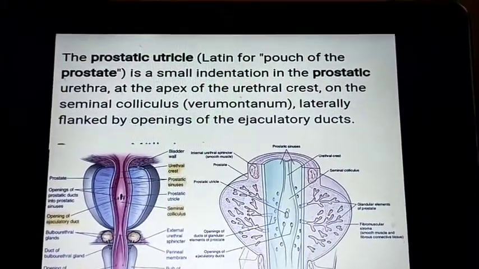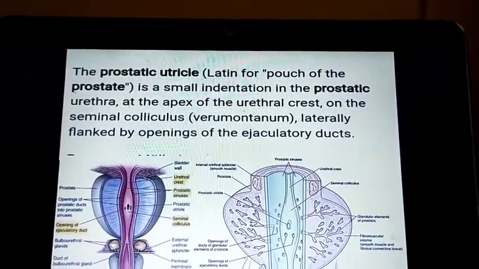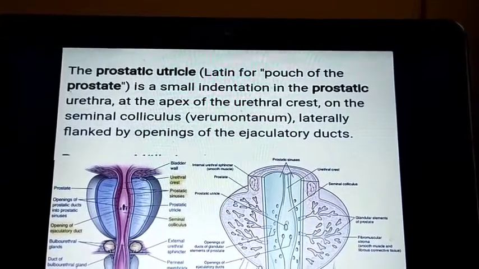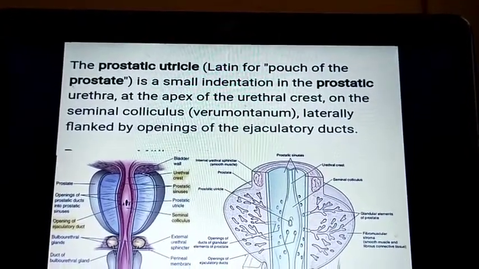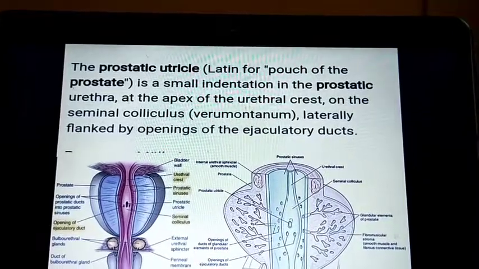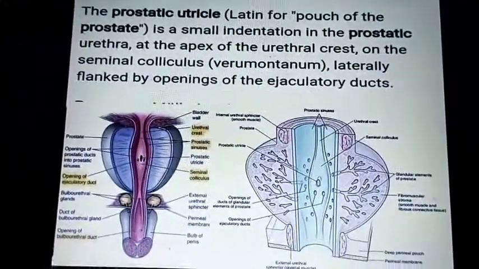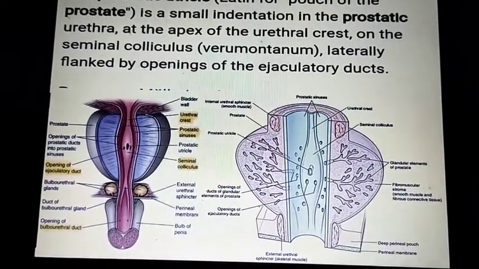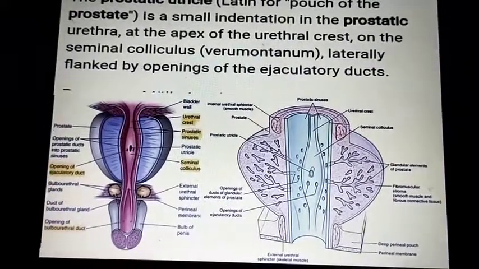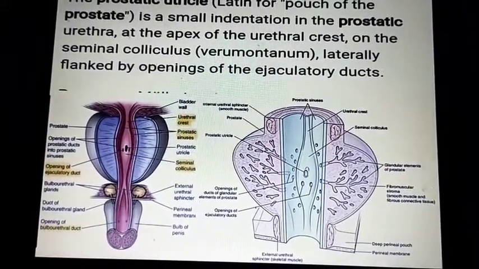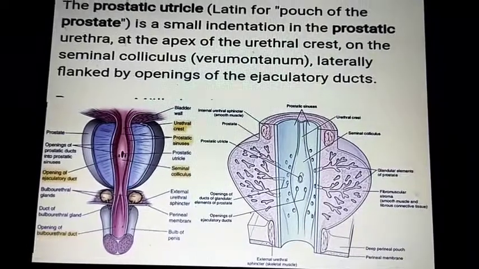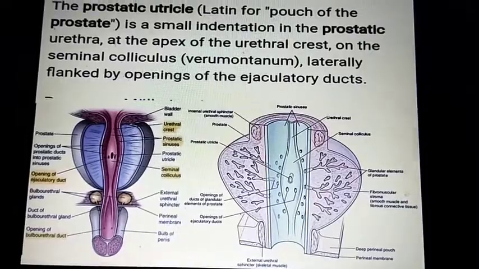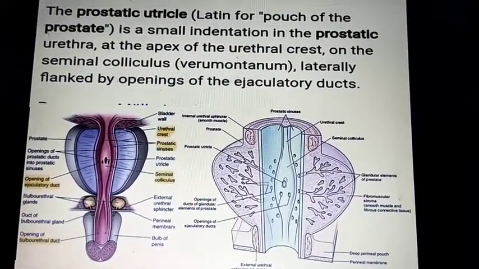It is a small indentation in the prostatic urethra at the apex of the urethral crest on the seminal colliculus or verumontanum, laterally flanked by the openings of the ejaculatory ducts.